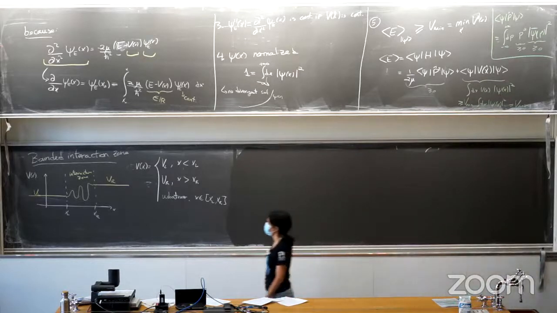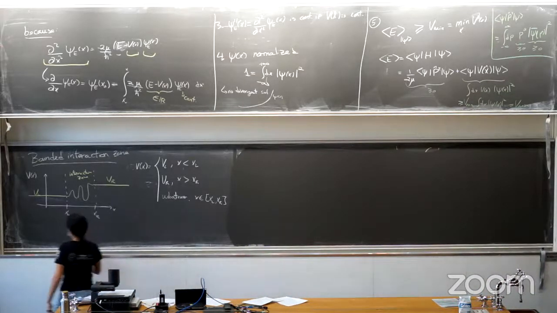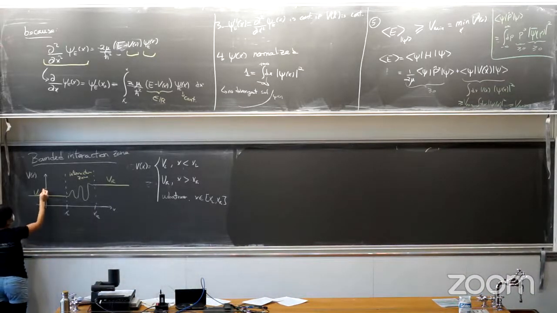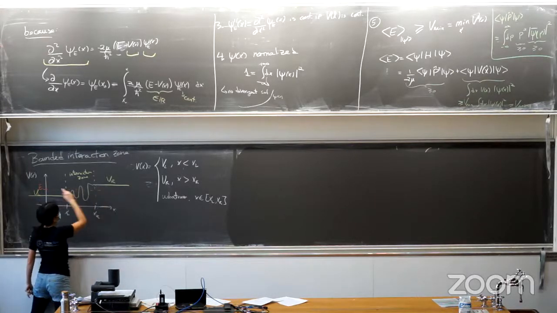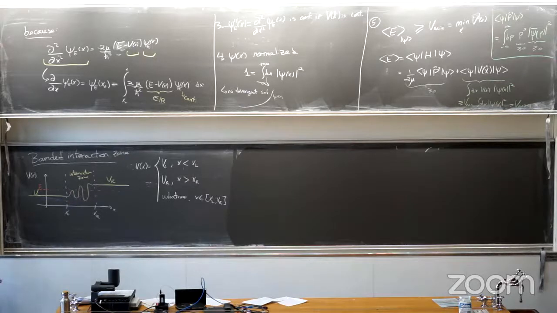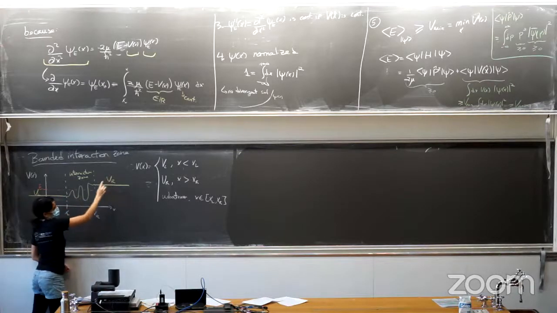So now I can plot here also my E. This is the energy eigenvalue corresponding to this eigenstate. And for every region, we have two options. Either E is larger than the potential or it's smaller than the potential, like here. Okay. So let's see.